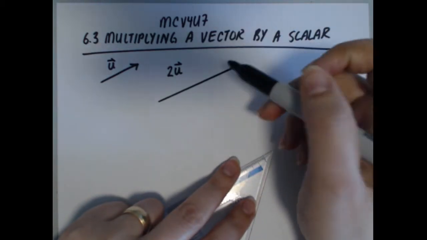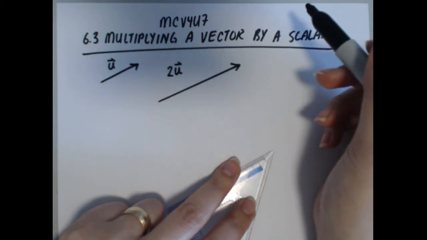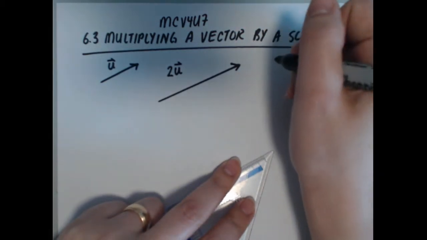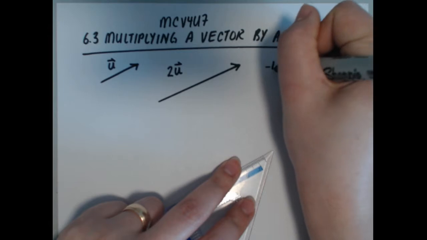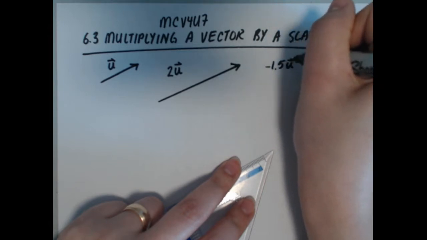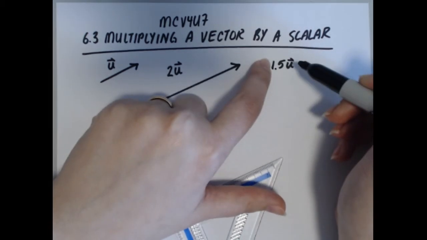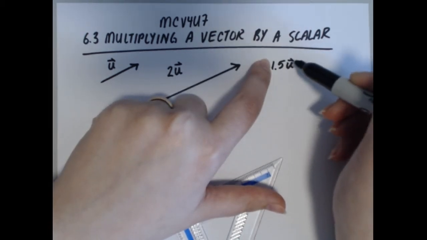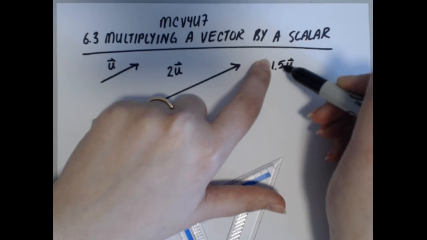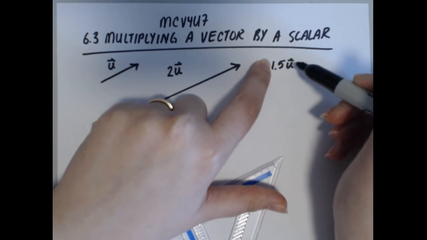Now, I don't just have to multiply by a positive number. I can even multiply by a negative number. I can even have something like negative 1.5u. So first things first, look at the positive 1.5 part of it, the magnitude. 1.5u means it's 1.5 times as long as u, so 50% longer.